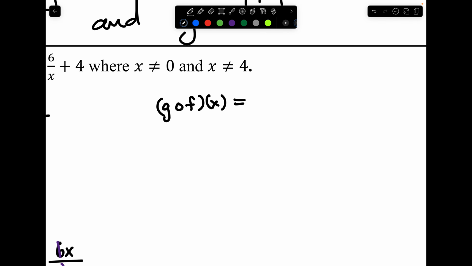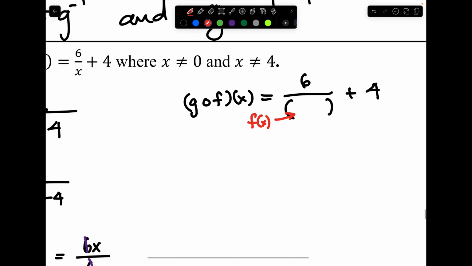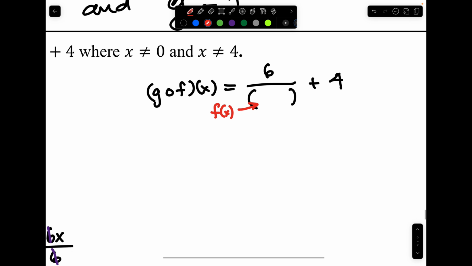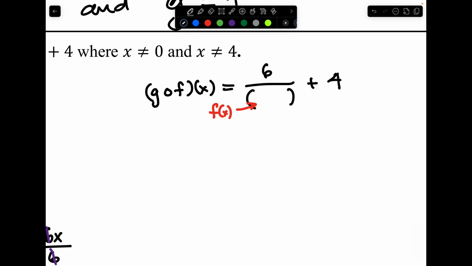So g is 6 divided by x plus 4. And inside the parentheses, again, it's going to go in the rule for f, the equation for f, which is 6 over x minus 4.